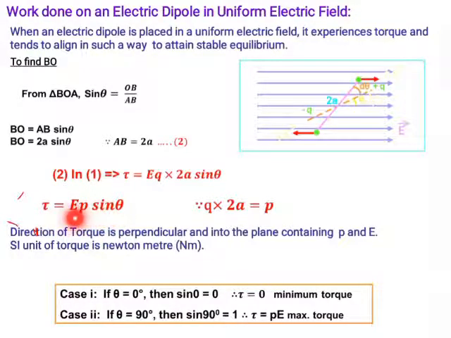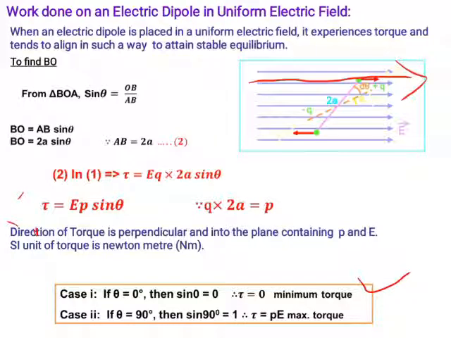Tau is equal to 0 because sin 0 is equal to 0. Then we observe minimum torque. This is possible when the dipole is along the direction of the electric field.